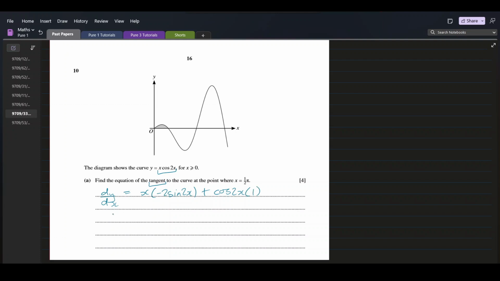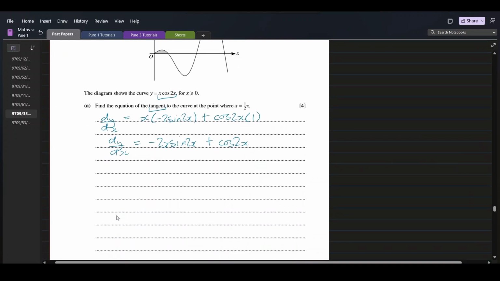So if we simplify this, dy/dx is equal to negative 2x sin 2x plus cos 2x. Okay, and now we're told that we want the equation of the tangent to the curve when x is equal to 1 over 2 pi.